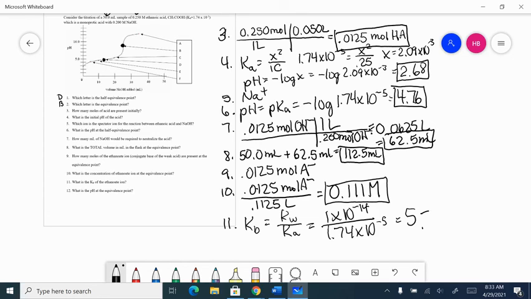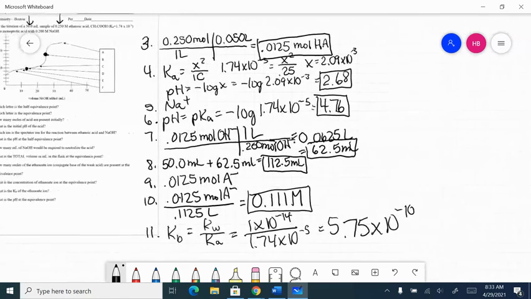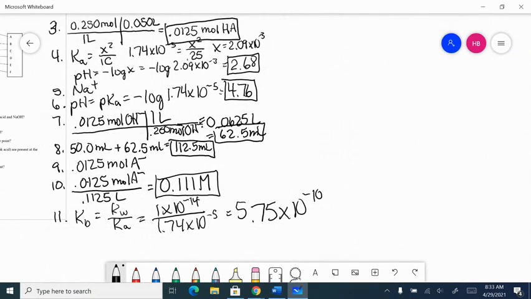For 5.75 times 10 to the minus 10. Number 12, the pH at the equivalence point. That's the tough one. So let's do that again. Remember, KB is equal to x squared over the concentration.